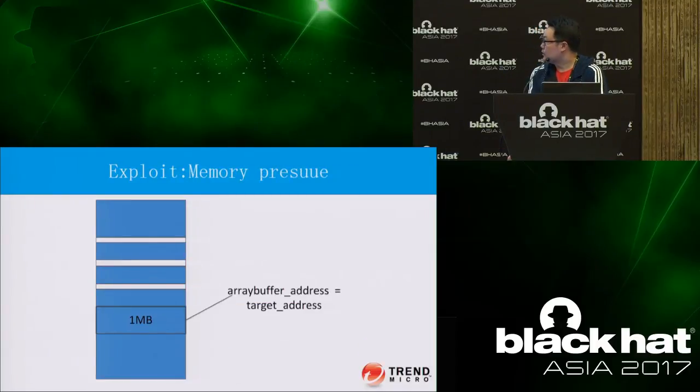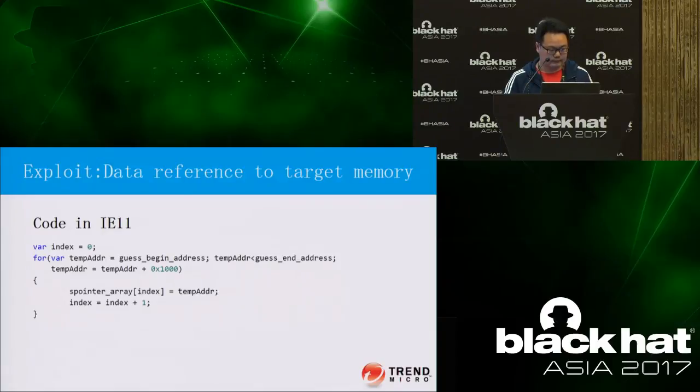Okay, we will introduce it like this. First, we do the memory pressure and create the target memory at this place. Then every buffer address points to this. Okay, the second part: we use a data reference to the target memory, and we create a pointer array.